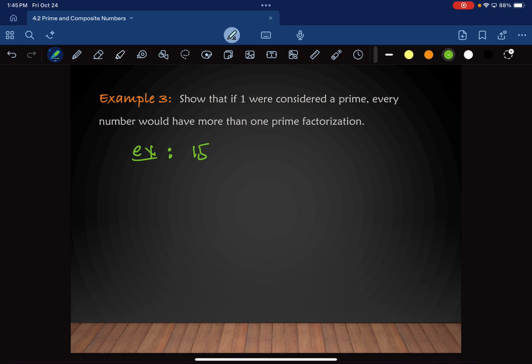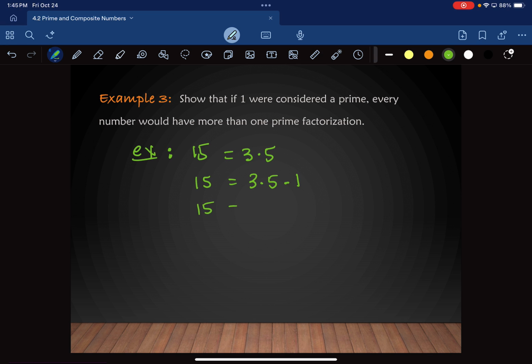All right, 15. What is a prime factorization for 15? 3 times 5. According to the fundamental principle of arithmetic that we just did a few slides ago, this is unique, right? There's no other prime factorization. Agreed? And that's what that told us. If 1 were prime, then this would also be a prime factorization, right?